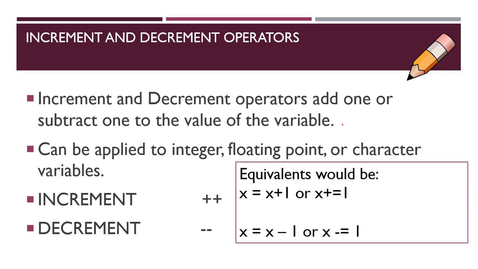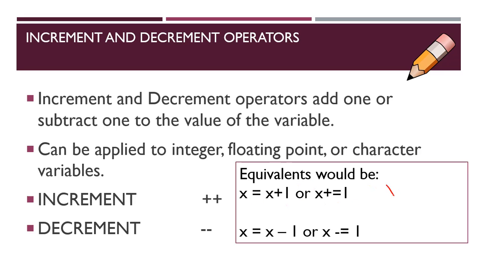The other ones that are very, very useful are increment and decrement operators. Increment and decrement allow you to add 1 or subtract 1 to the value of the variable. These can be used on integer, floating point, or character variables as well. So increment is plus plus, and decrement is minus minus. The equivalent would be x equals x plus 1 or x plus equals 1.